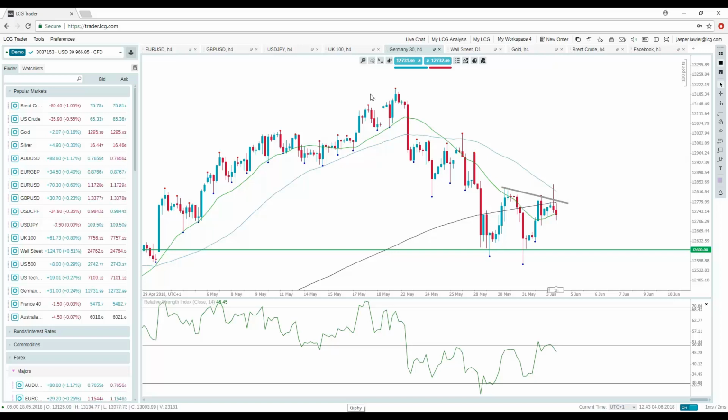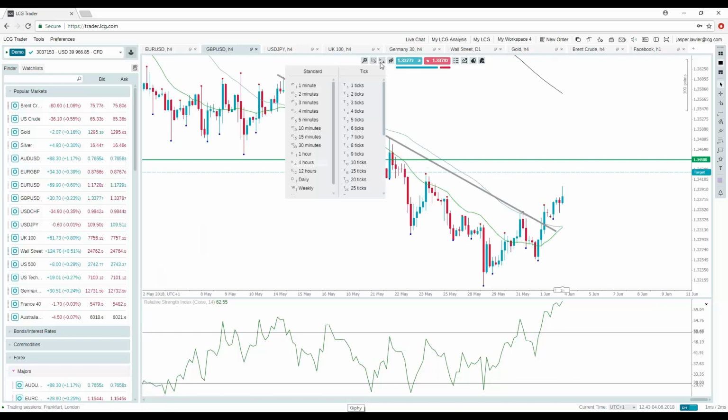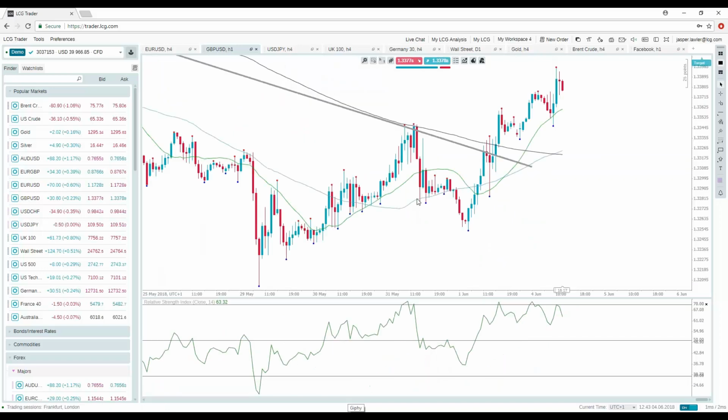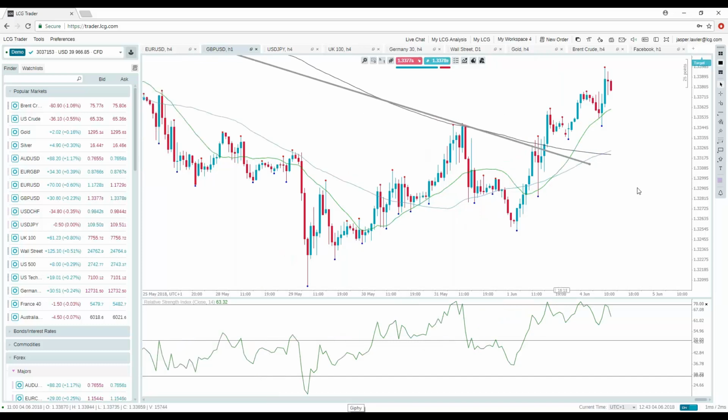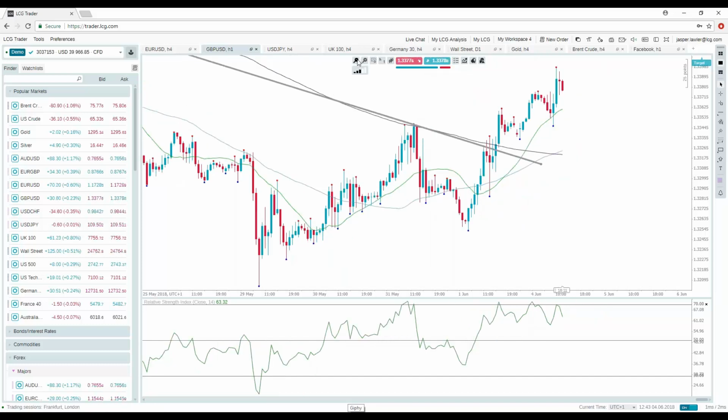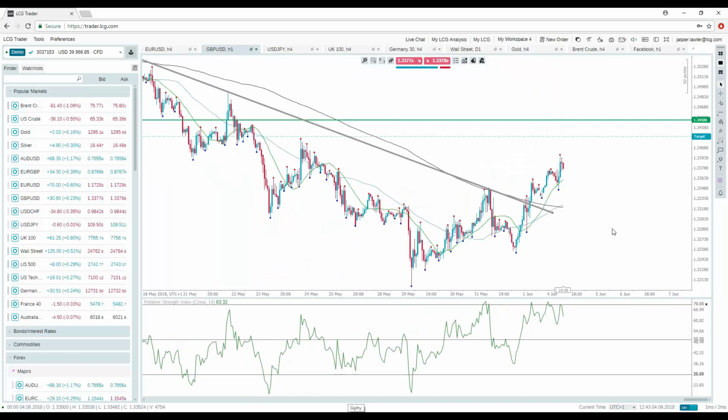Question about the sterling on the 1-hour time frame. Yeah, I'll drop back to that. I don't typically have time to follow the 1-hour candlestick chart, but it's obviously a more detailed version of the 4-hour chart, and you can see at the moment the trend is pushing higher.